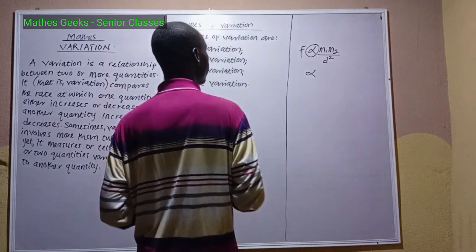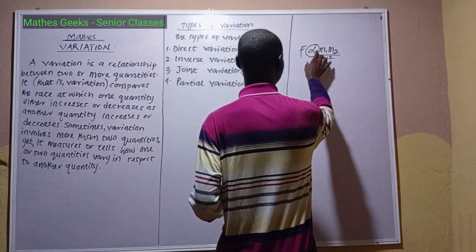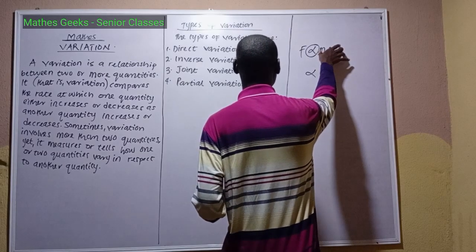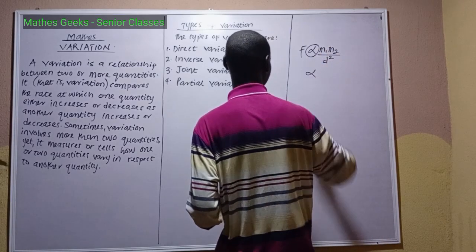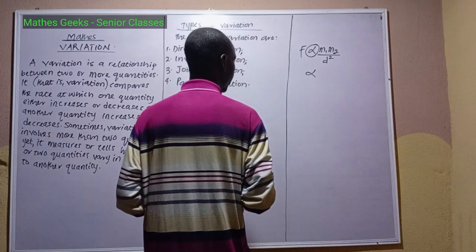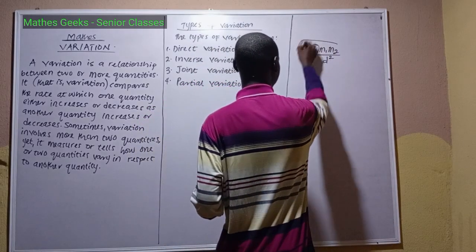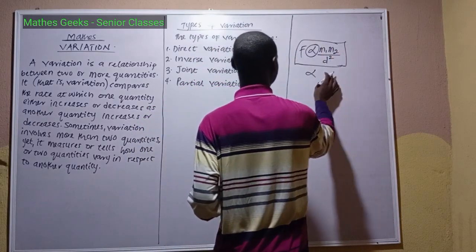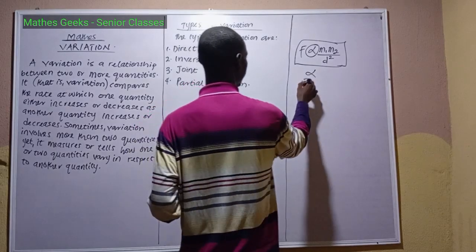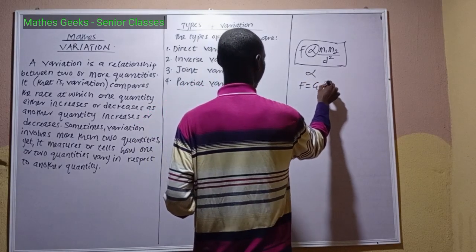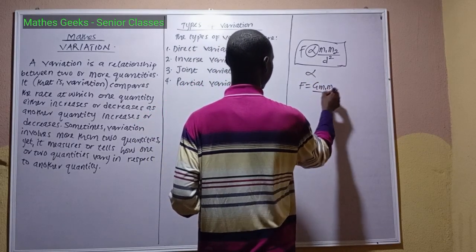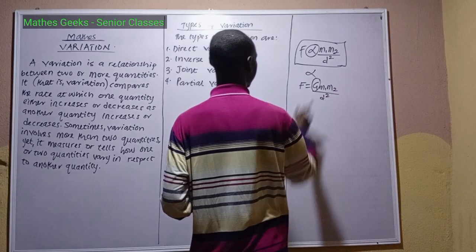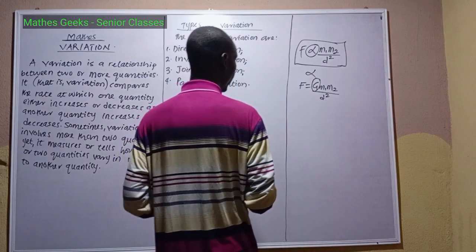So you see that force is directly proportional to the product of the masses and inversely proportional to the square of the distance. Now, that law has been written in mathematical form: F is equal to G m1 m2 over d squared, where G is a constant of proportionality.